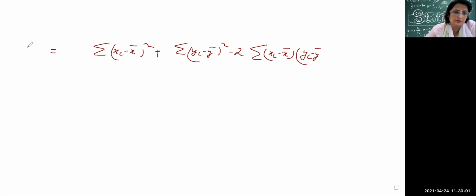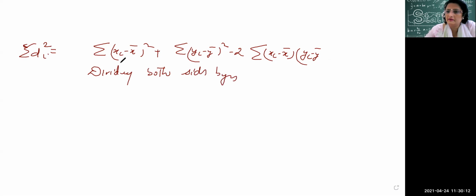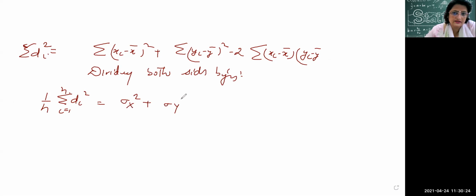So here we have summation of di square, dividing both sides by n. So why are we dividing? After dividing by n, we will get variance of x and variance of y, both divided by n. So this is 1 by n summation of di square, i running from 1 to n. So this becomes sigma x square, this becomes sigma y square.